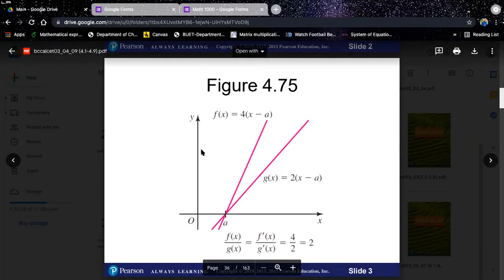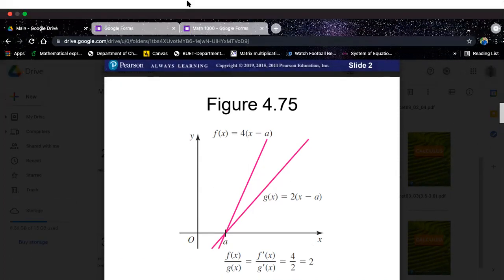Can you see the screen I'm sharing? Is it still the screen of my desktop? Yeah, it's still a desktop.